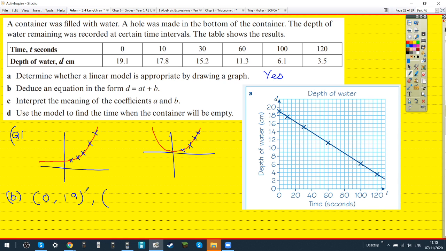Would that be like 10, 17 or 18? I can't tell if it's 17 or 18. 17.8. So that's fine. If all of these points are on the line, then it's fine. What I would recommend is you use the first and last. Okay. So 120, 3.5.